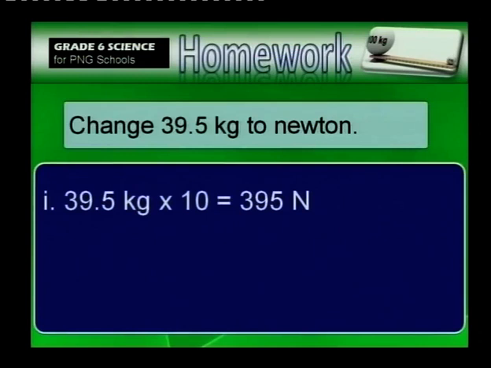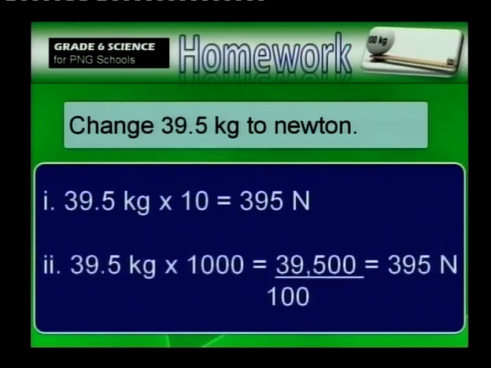The second working out, you can multiply 3.95 times 1,000. How many grams is equal to 1 kilogram?